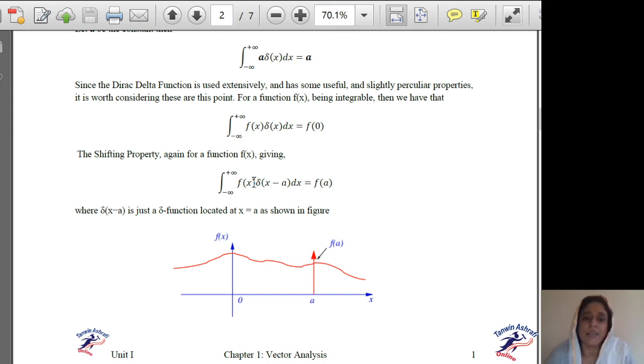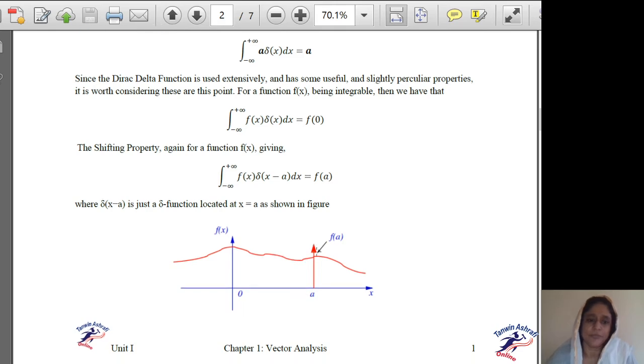That means we shift the Dirac delta function from 0 to x equal to a, so if I write x minus a equal to 0, as a result, the figure shows that it exists when x equals a. This property of the Dirac delta function is known as the shifting property.